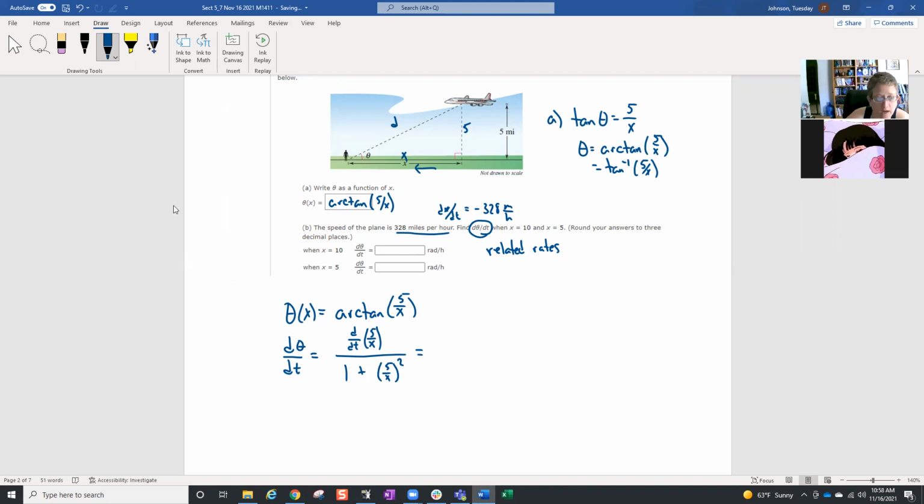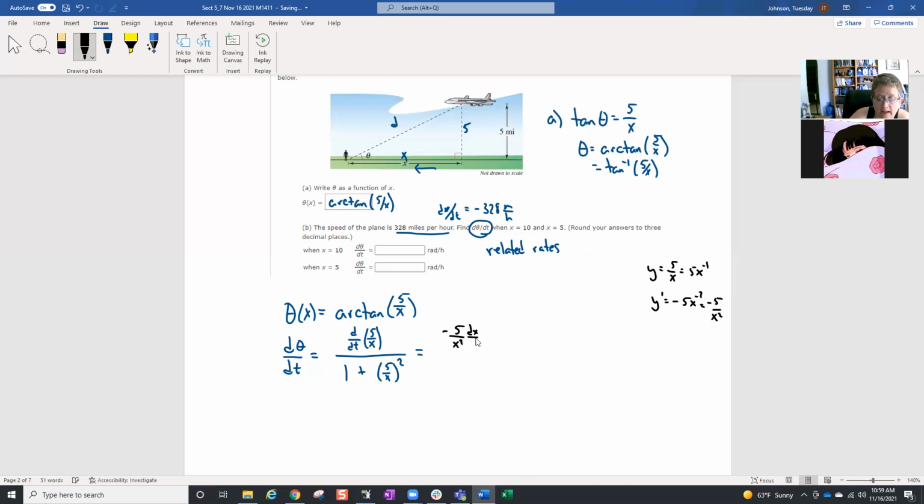All right, so now if we look at 5 over x, let's put this as a side note here. 5 over x is the same as 5x to the negative 1. The derivative is negative 5x to the negative 2. So that's negative 5 over x squared.